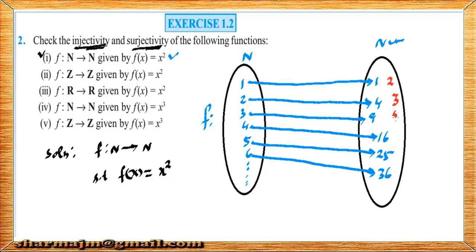Similarly, here we observe 5, 6, 7, 8. These are natural numbers on the right hand side, in the set of natural numbers, and they don't have pre-images. So you can say 2 is in the codomain, but it does not have its pre-image.